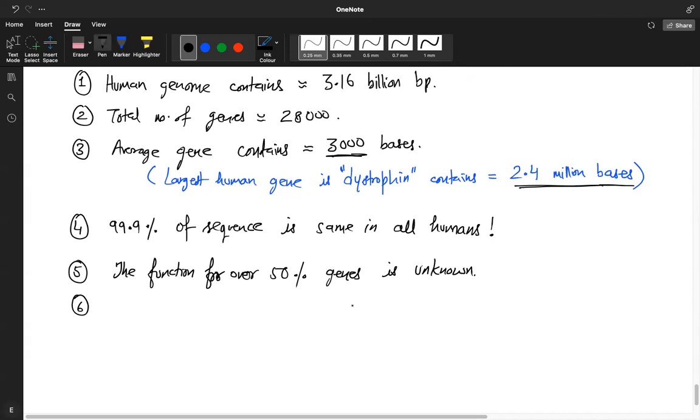Every day you will find studies telling that this gene is responsible for this, a new gene has been found to play a crucial role in this and that, etc. And one more thing that I told you, how much of the genome codes for proteins? How much of the genome is cistronic?